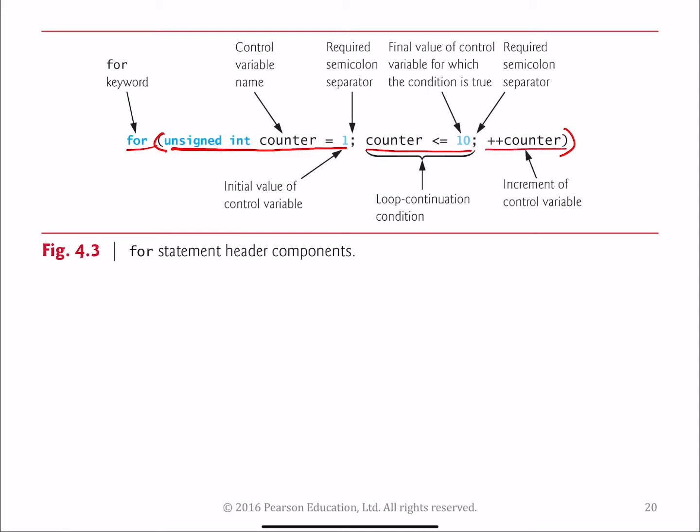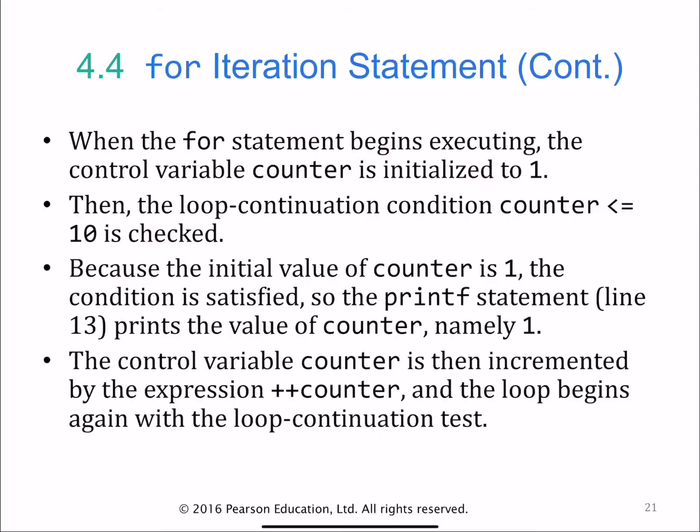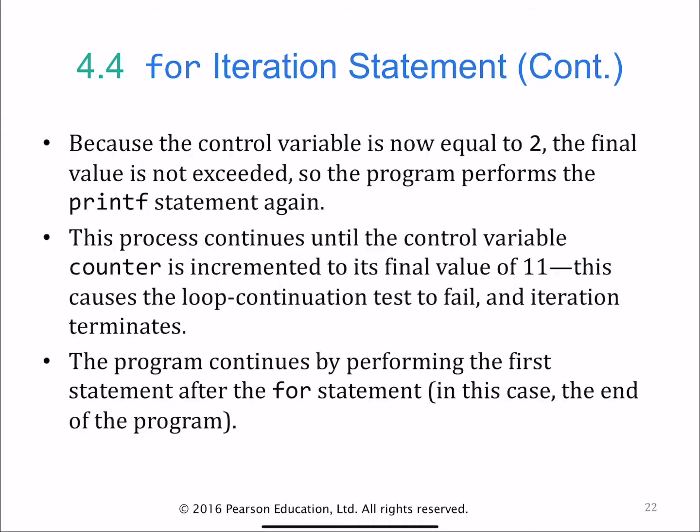And here are changes to the control variable, usually an increment or decrement operation of some kind, separated by semicolons. So in this particular example, the for loop will run for 10 iterations.